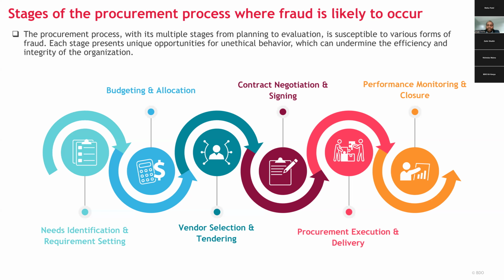One of the measures that you can use to prevent fraud in this area is ensuring that the needs assessment is conducted transparently. So obviously this needs to involve multiple stakeholders, and then you have regular reviews and approvals from independent committees like internal audit teams.